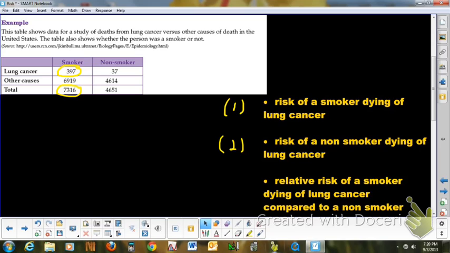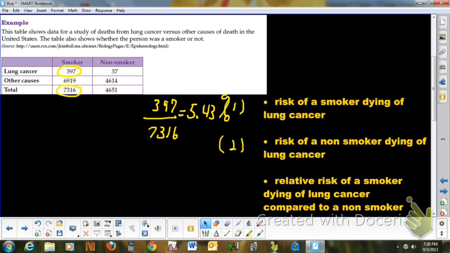So the risk of a smoker dying of lung cancer is 397 over 7,316. Another way you could say this is: what's the probability, if someone is a smoker, of dying of lung cancer? So you can turn it into a probability, and you can turn it into a conditional probability if you want. And it's 5.43% if we turn it into a percent.